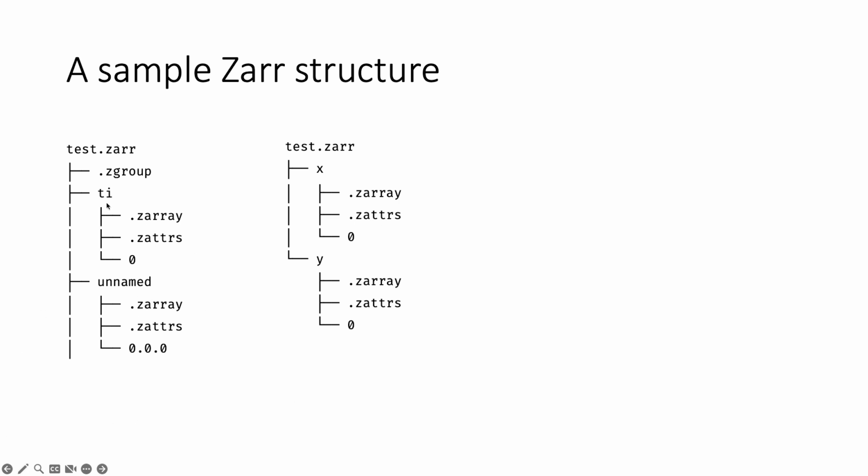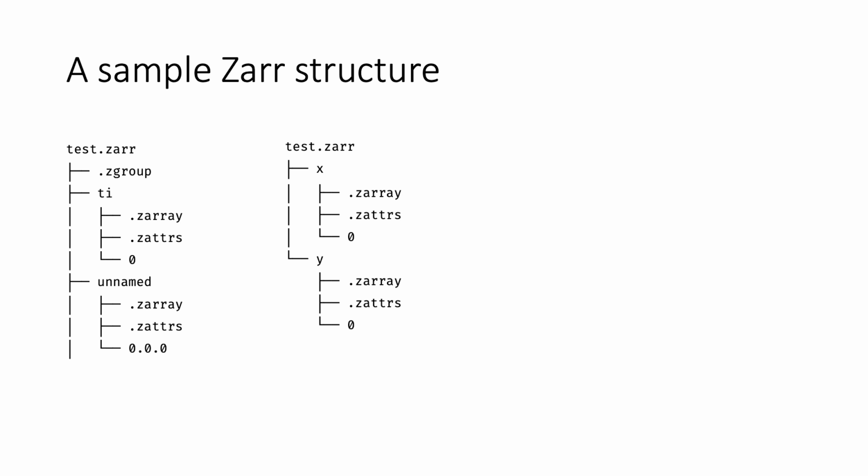You can see that these are all vectors, and so these all just have one chunk, and then this unnamed is a three-dimensional array. So its chunk is 0.0.0 because it's chunk 0 in dimension 1, 0 in dimension 2, 0 in dimension 3. So this is kind of chunk indexing.